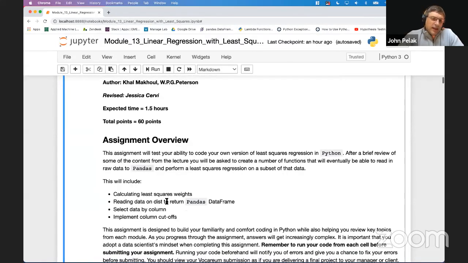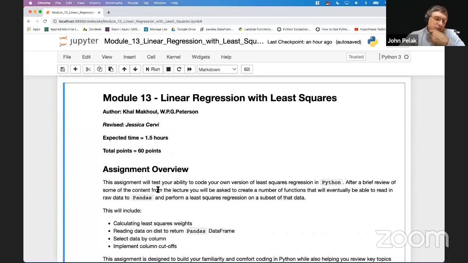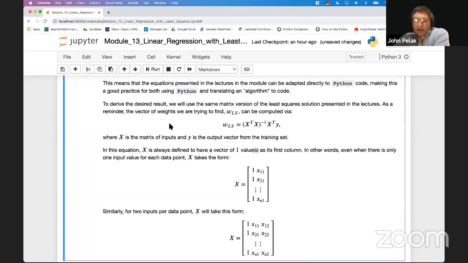So again, calculating the least squares weights. We're going to try to learn a series of parameters, or weights, that describe a function that'll take us from the input, which is all that information about the house, to the output, which is the sale price. This is some discussion of using the notation that the professor outlined in the class.